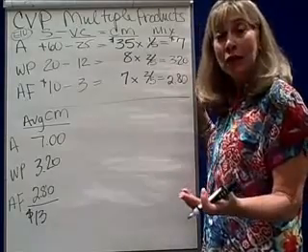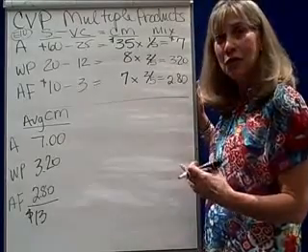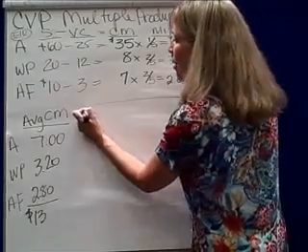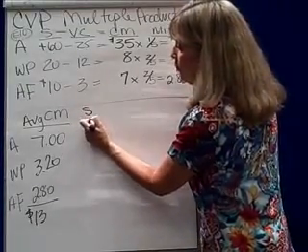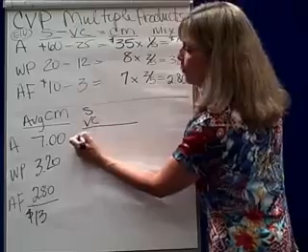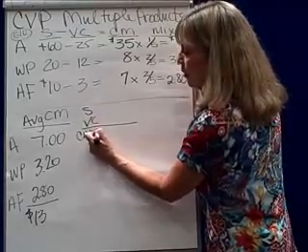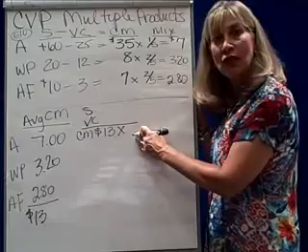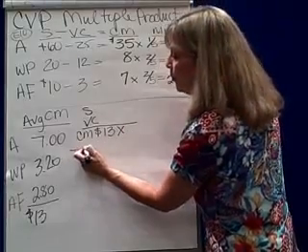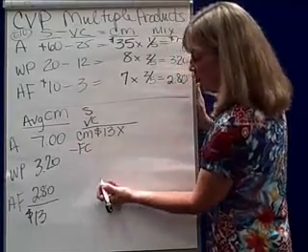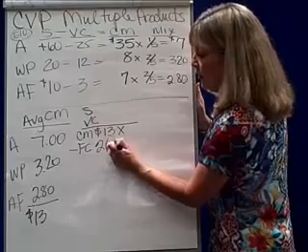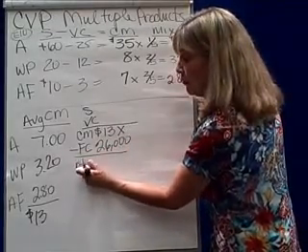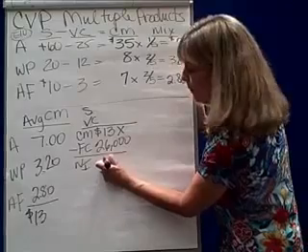So now what I can do is plug that into the cost volume profit income statement, can I? Now, I don't know what my sales are in total or my variable costs in total, but I know that my contribution margin is going to be 13x for that sales mix. The problem also tells me that my fixed costs are $26,000 and that I'm at break even. And at break even, what's my net income? 0.